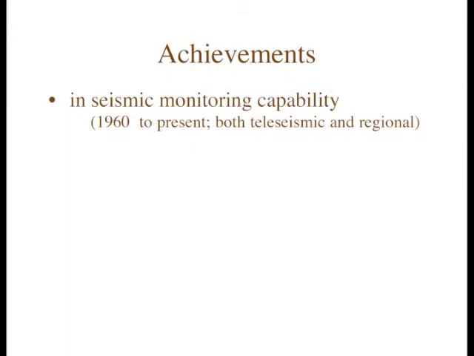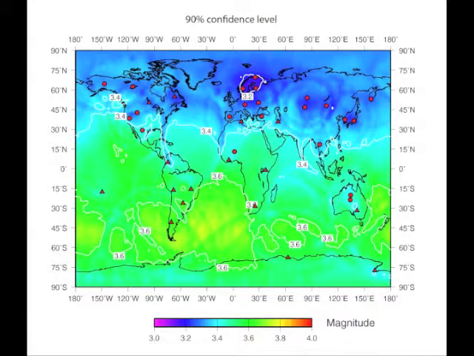Well, achievements. One thing is we do have that international monitoring system and the associated international data center headquartered in Vienna. And here is shown the 90% confidence level as was achieved about the year 2007 with work done here by the NORSAR group, showing that in the northern hemisphere, these are contours, and the magnitude as shown represents the level at which it could be expected with this degree of confidence that 3 or more IMS primary stations would get a detection at the level of 10 dB above the noise.